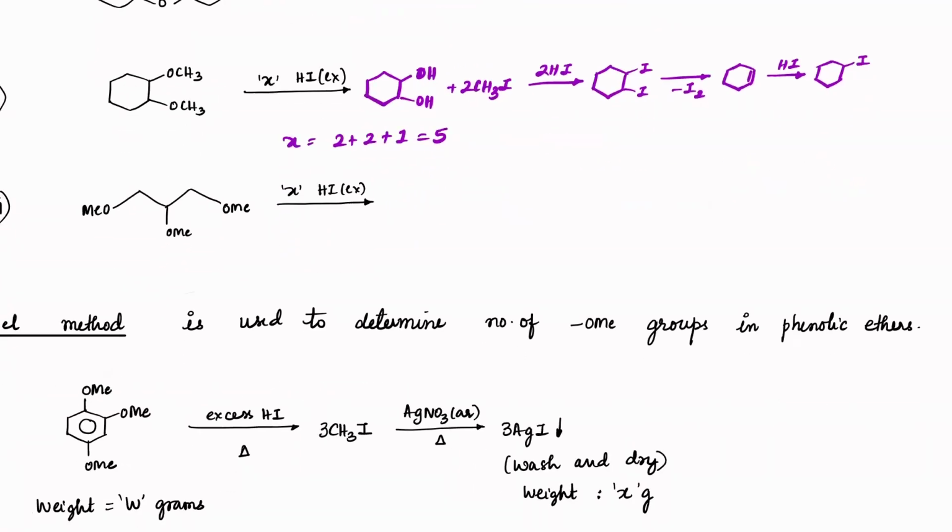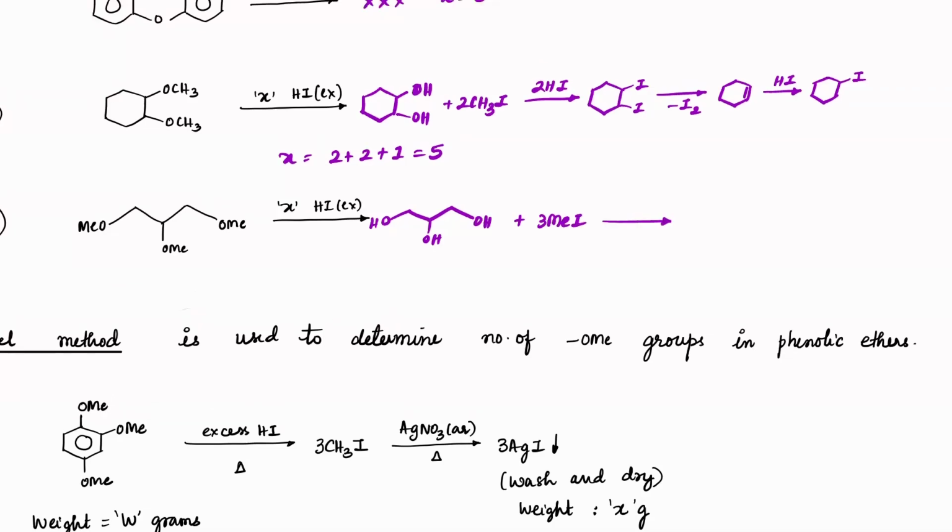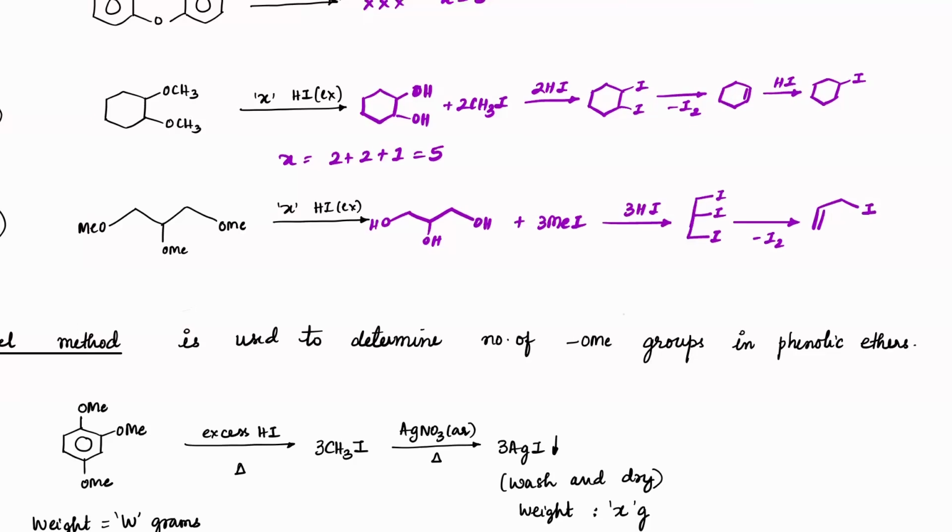Last one, check out how many we can get. See, first we have like this with OH, OH, OH with 3 moles of methyl iodide. So you already consumed 3 moles. Again, we require another 3 moles of HI to bring these iodides at 3 vicinal positions. Now, this kind of case we already did in the last topic, polyhydrides. So here I2 will go away, double bond will form, and iodine will be left.